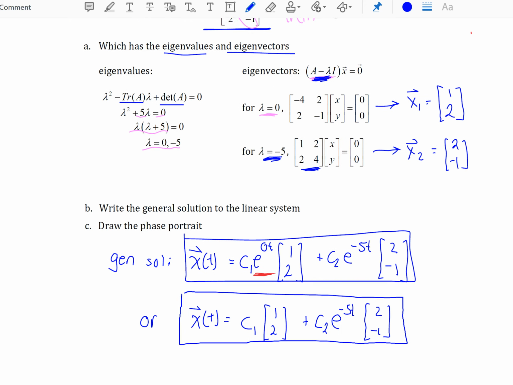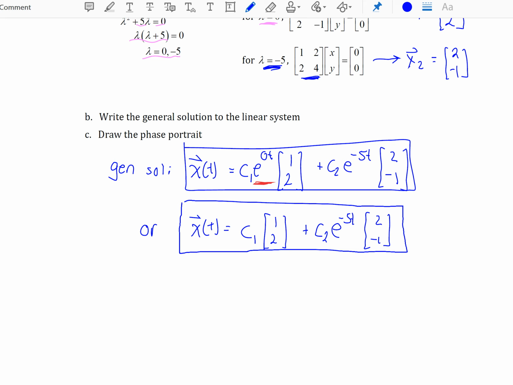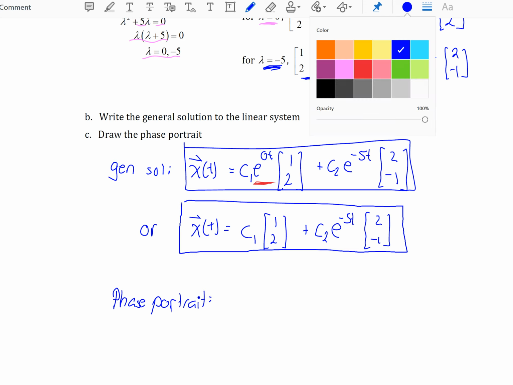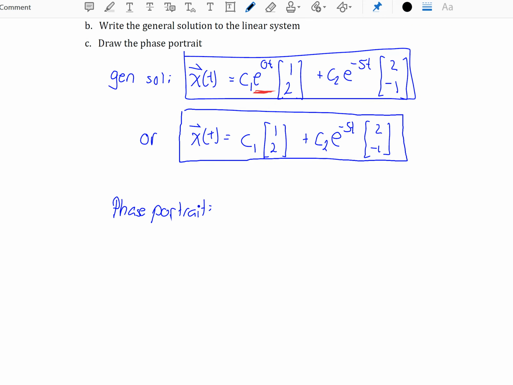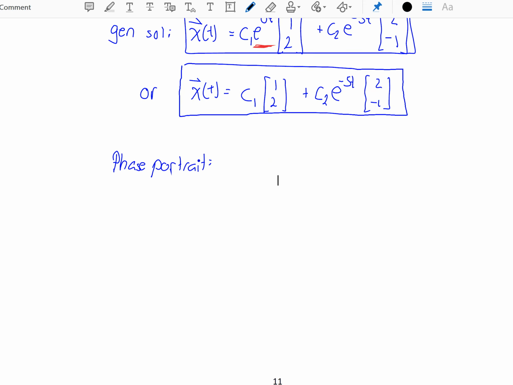Okay, and now let's proceed and write our phase portrait. And what I'm trying to do in these examples now is to give you a good idea of all the different outcomes you might expect to see for what these phase portraits could look like.